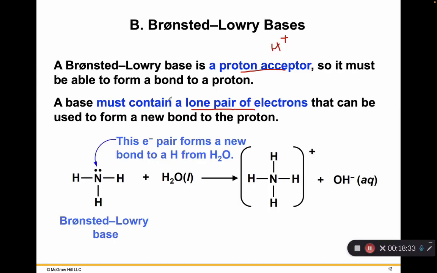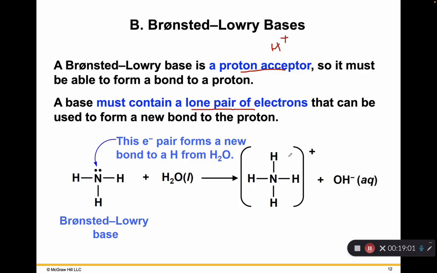So a base must contain a lone pair of electrons that can be used to form a new bond to the proton. Here we have an example, NH3. This is the Lewis structure of ammonia, where nitrogen has a lone pair of electrons. This pair can be used to make the bond with H plus that comes from the water.